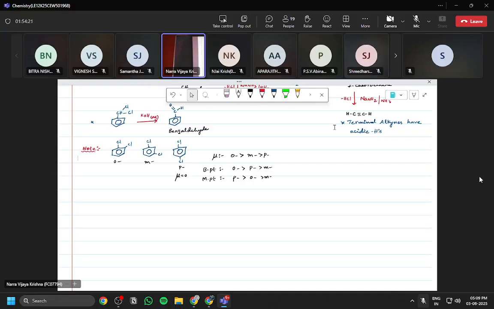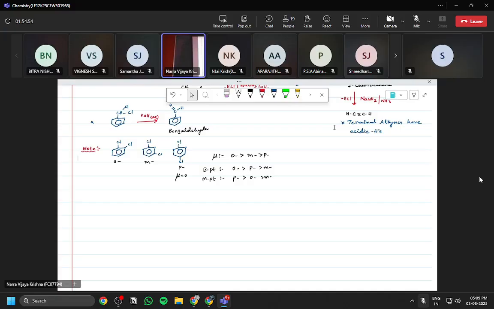So in case of melting point, effective packing enhances the melting point value. Point 1: effective packing, symmetrical. If molecules are symmetrical, melting point will be high. Correct? In case of boiling points, check for molecular interactions. If two molecules are attracting, then boiling point will be high. In case of melting points, we need to check for packing. In case of boiling points, we need to check for molecular interactions.